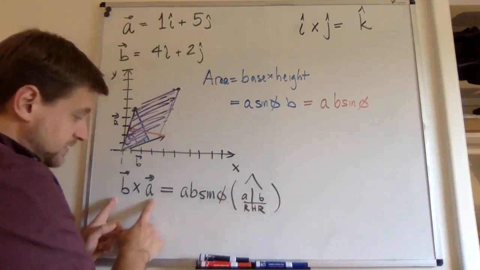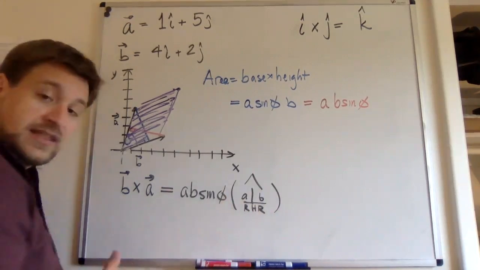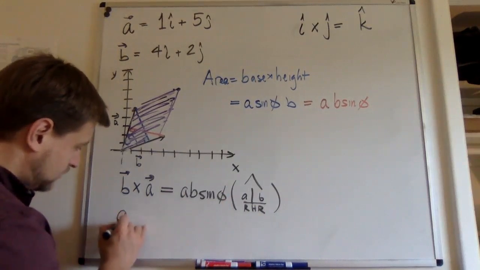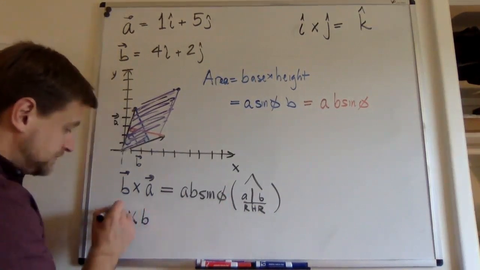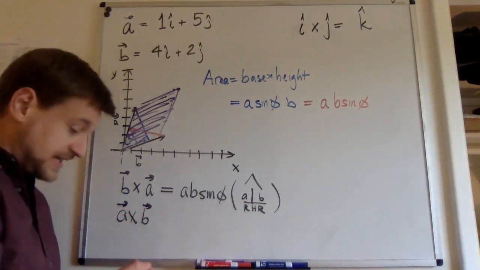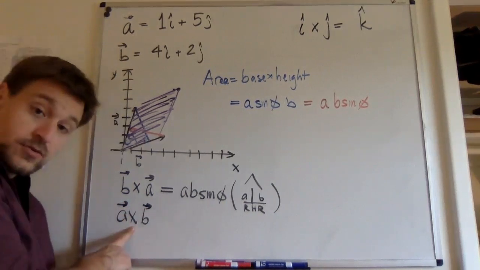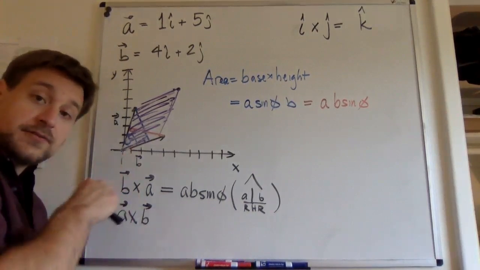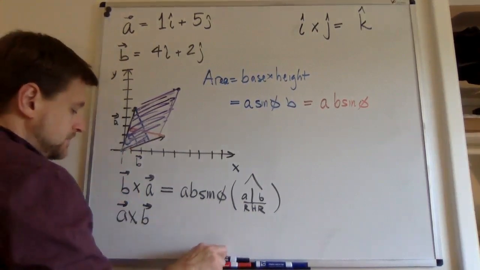The way we define the vector product means that it is not commutative. A crossed into B, and it's helpful if you say into. We call this the cross product because we're using the multiplication cross instead of the dot for the dot product.